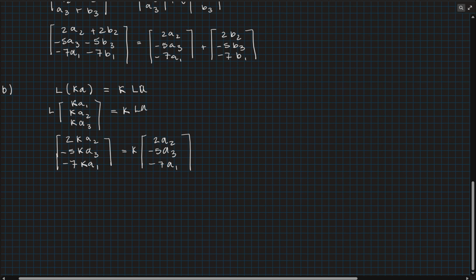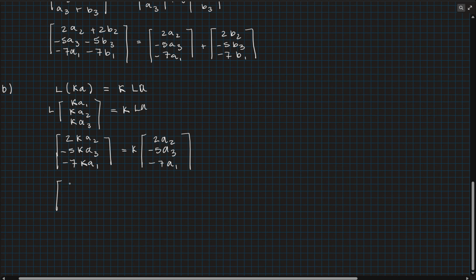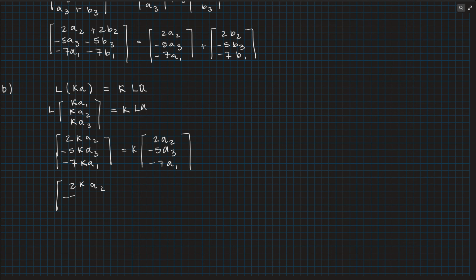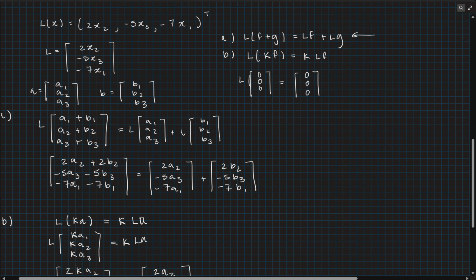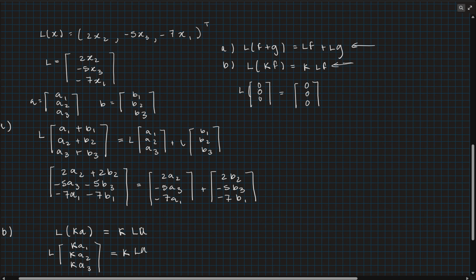If I multiply this by k, I get 2k a2 minus 5k a3 negative 7k a1, and I'm just applying k to everything. You'll see that these two are equal, so we also satisfy the second condition. And therefore, this operator L is linear in R3.